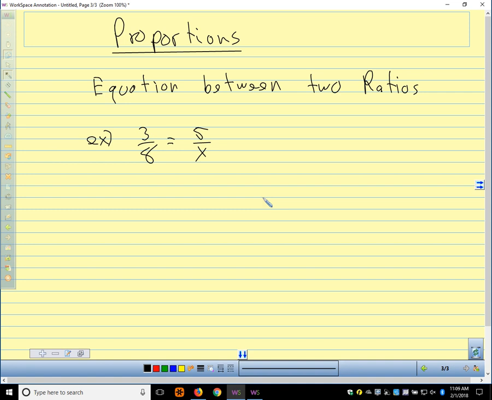That's a proportion. We have some equation that has two ratios, and we solve them by cross multiplying. So this one would be 3x equals 40: 3 times x, 8 times 5. Divide by 3, and we can say x equals 40/3. And that's fine for the answer.